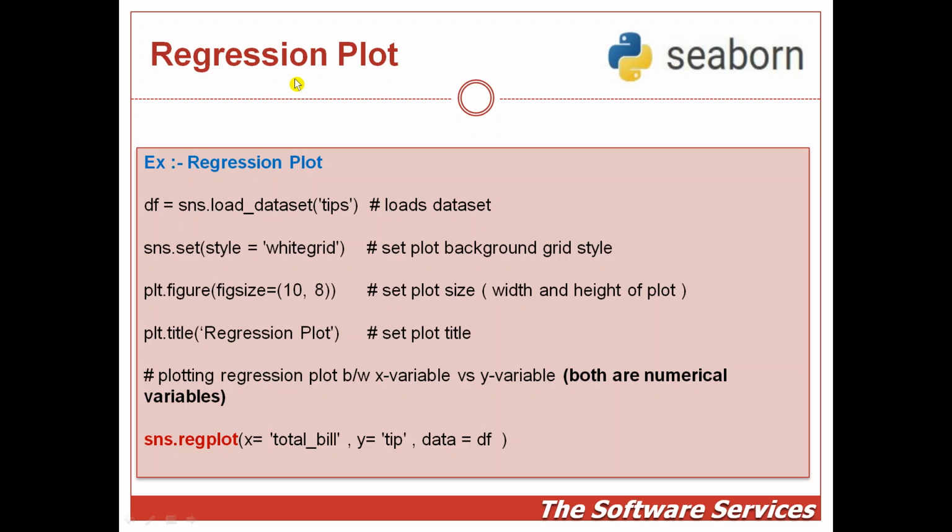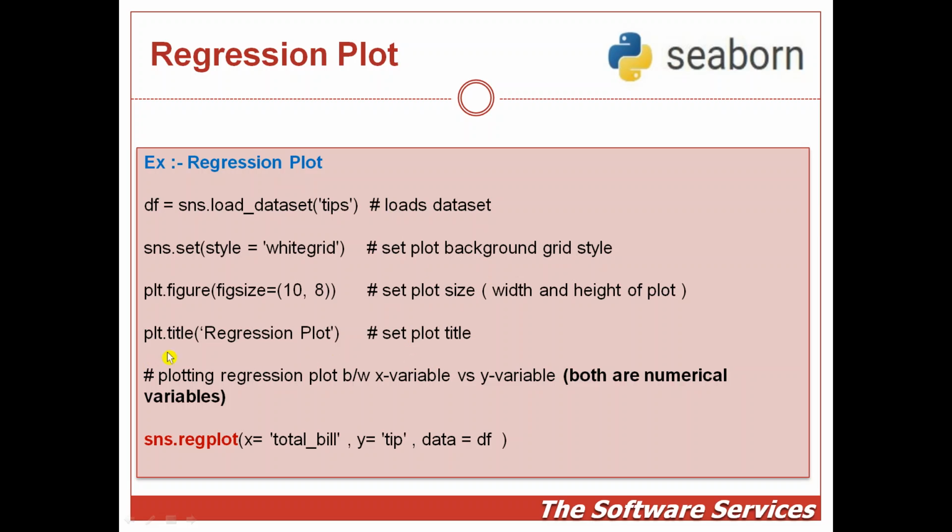To write the code of regression plot using Seaborn, we already saw in the last classes. These 4 points are same: loading the required data set, setting the plot background grid style, setting the plot size if needed, and setting the plot title.